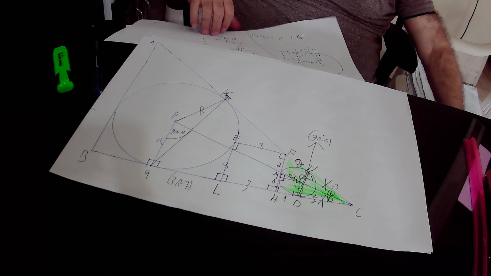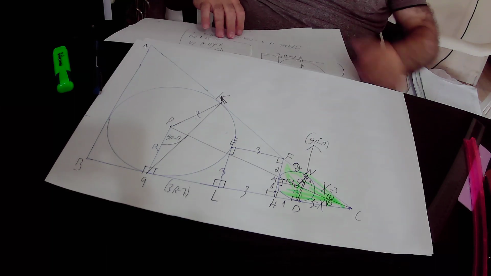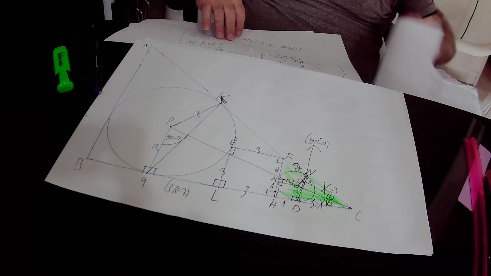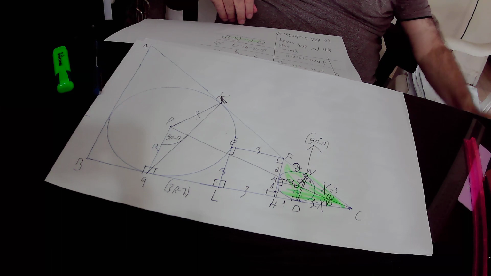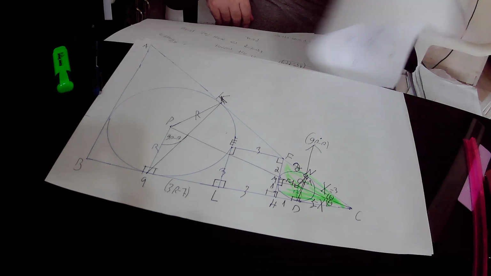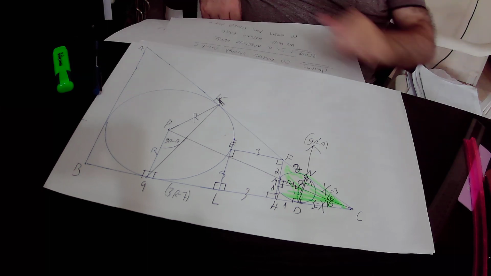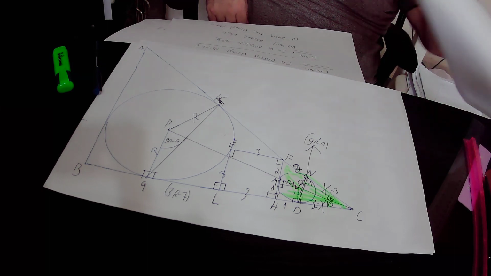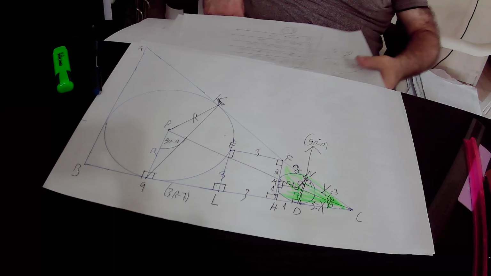And our mission is to find the radius of the big circle. Okay? So first of all, I will present to you the 3 rules that we used in order to solve this question.